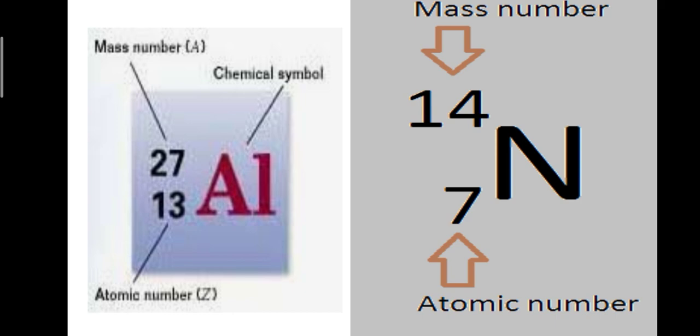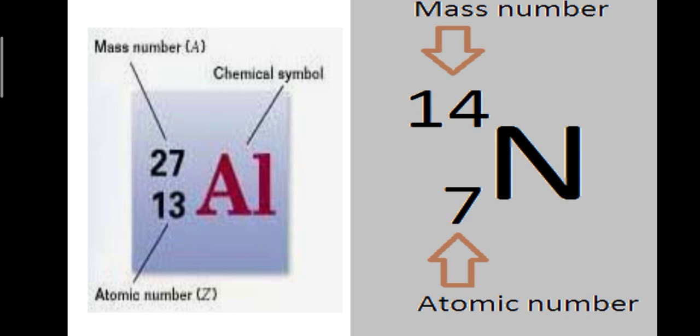So 13 plus 14, 27. In this way the atomic mass number is there. For all the elements, the numbers of protons, neutrons and electrons are already given by scientists. So you don't have to think कि अब हम कहाँ से ढूंढें. No, all things are already discovered. You only have to study carefully.